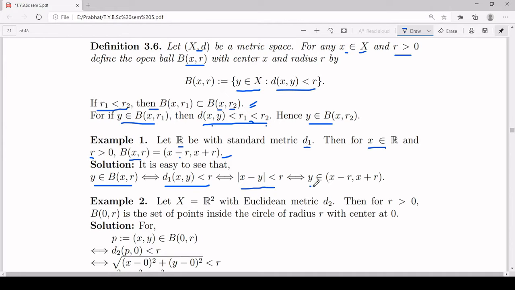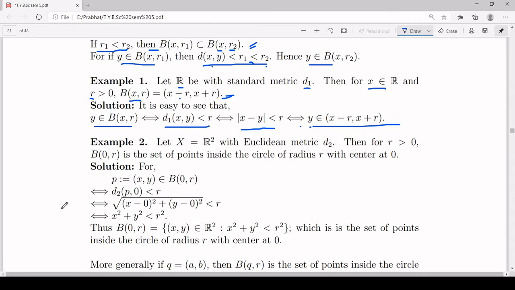That will imply that y lies inside the open interval (x minus r, x plus r). So it proves that if y belongs to B(x, r), it will belong to the open interval (x minus r, x plus r), and all these implications were double implications. So the reverse implication will give you that if y belongs to the open interval (x minus r, x plus r), y will also belong to the open ball B(x, r), and that will prove that B(x, r) is equal to the open interval (x minus r, x plus r).